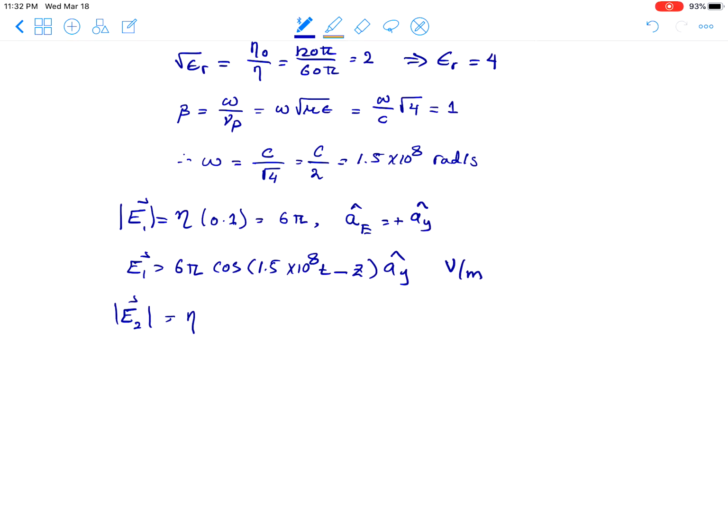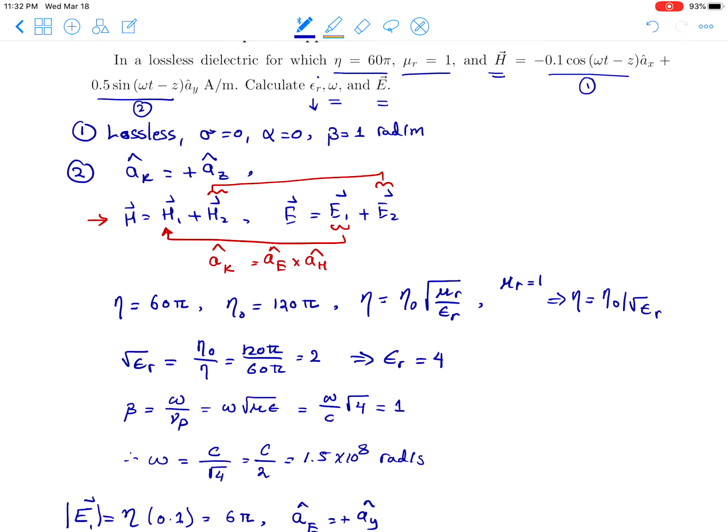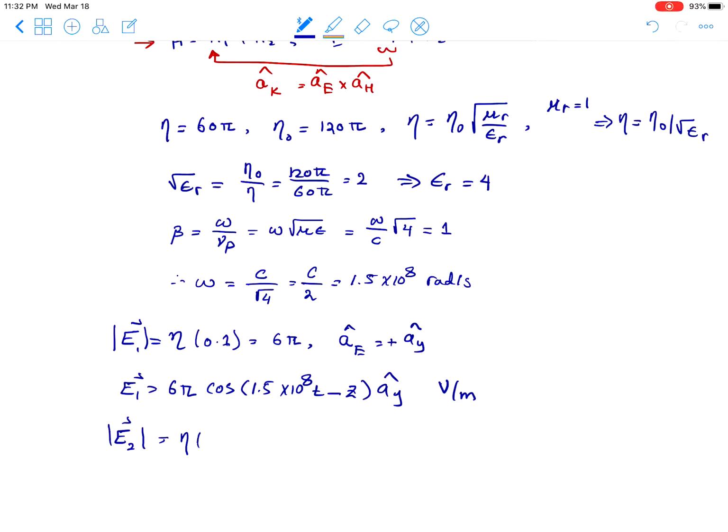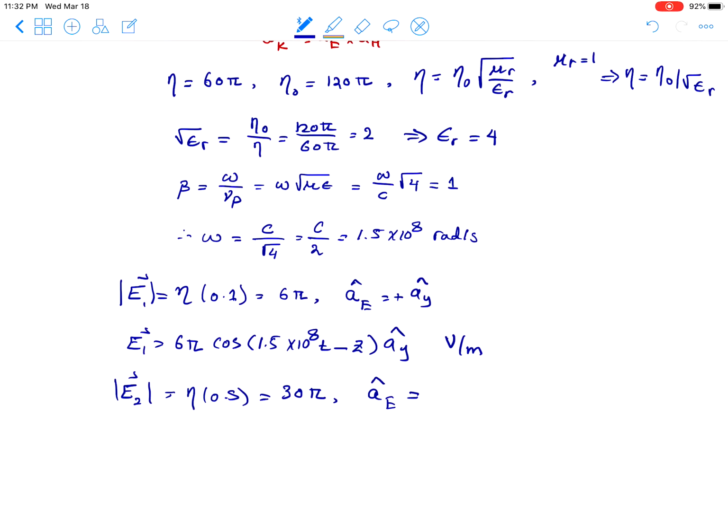E2, the magnitude of that will also be eta times the magnitude of the second component of the magnetic field, 0.5, which means it's going to be 30 pi. The direction of the electric field should be along the positive a_x direction.